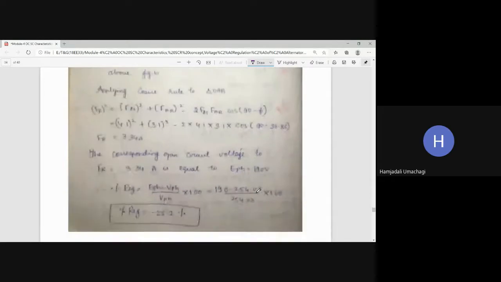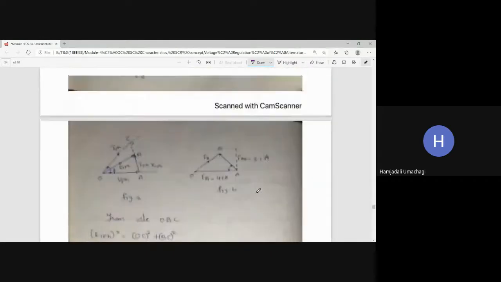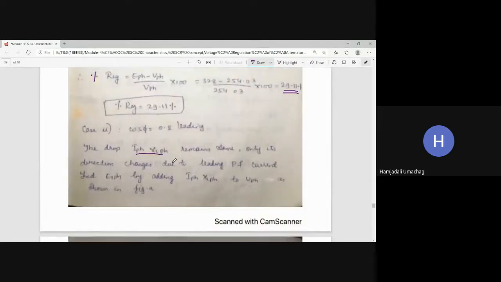And also, IAXL is equal to 55 volts from the Potier triangle. Next to write, and also IF2 equal to how much?